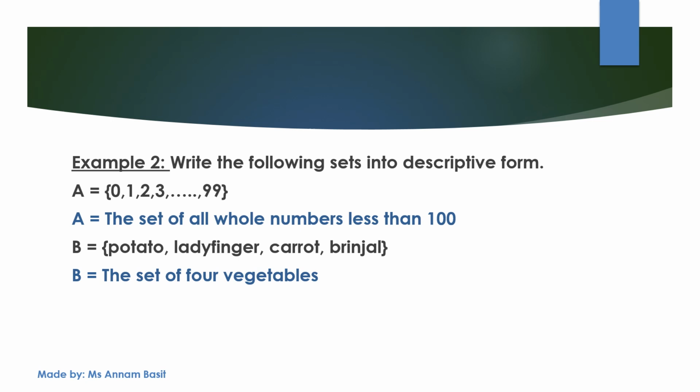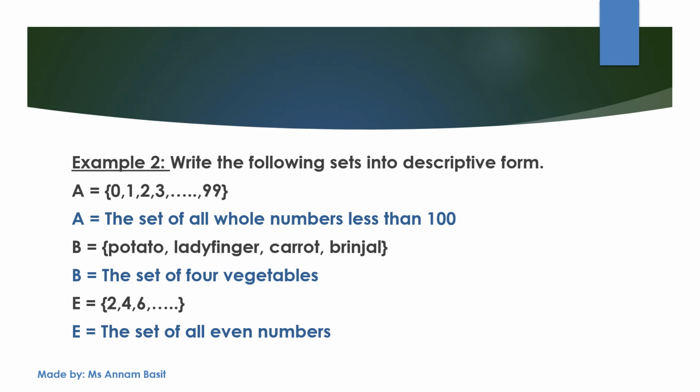Okay. Now let's look at another question, which is A is equal to 2, 4, 6, and so on. So we know that 2, 4, 6 are basically what? Even numbers. So you might have an idea how we're going to write it in the descriptive form. It can be written as E is equal to the set of all even numbers.